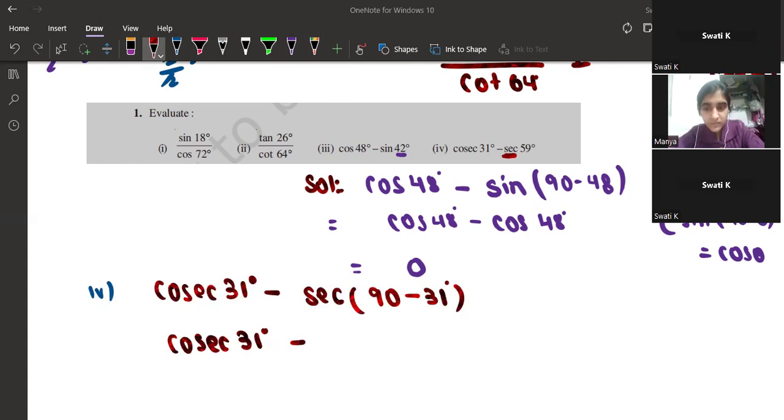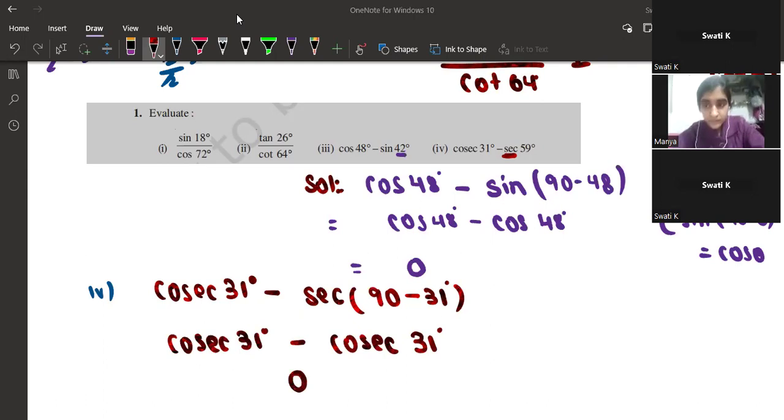So it will become cosec 31, right? So cosec 31. Now what is cosec 31 minus cosec 31? 0. And that's it. We are done. Right? Yes. Done, Anya? Clear?